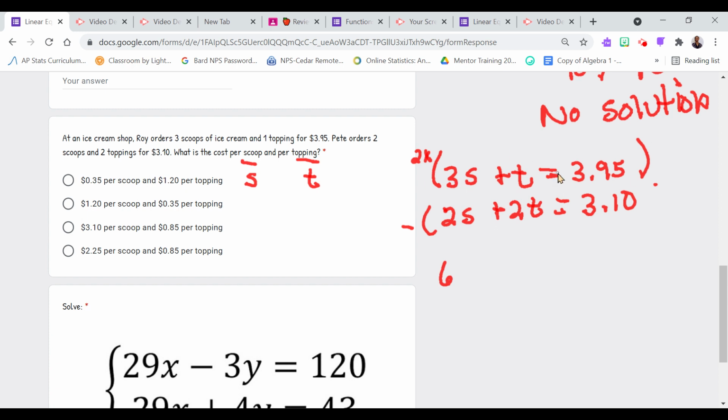I can do anything I want as long as I do it to both sides. I'm going to multiply this side and this side by 2. So that's going to give me 6s plus 2t is equal to 3.95 times 2. I always mess these things up, so I like to use my calculator just to be sure.